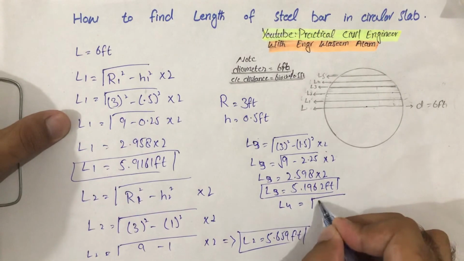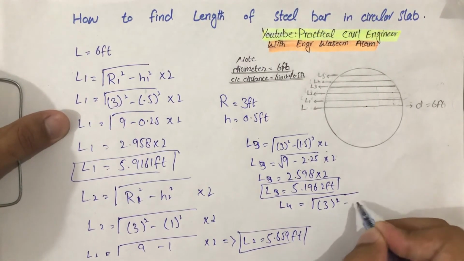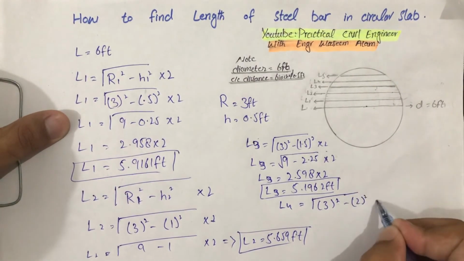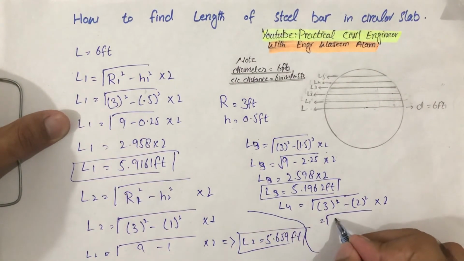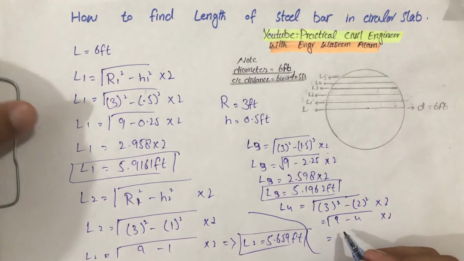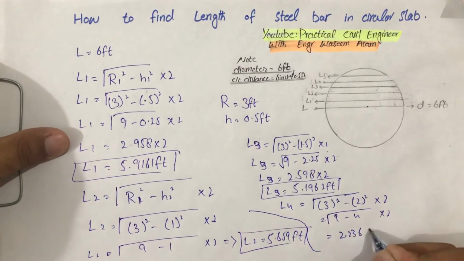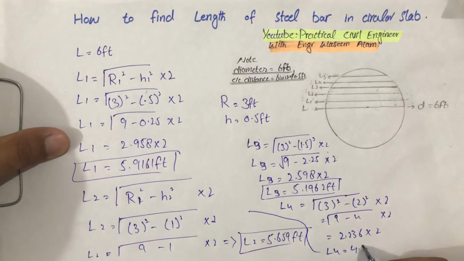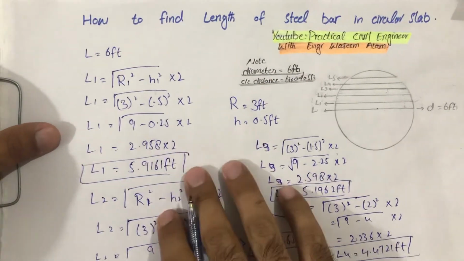So for L4, as we know, 3 square minus 0.5, 0.5, 0.5, 0.5, which is 2 square, multiply by 2, under the root 9 minus 4, multiply by 2, which is under the root, and 2.236 multiply by 2. So L4 is equal to 4.4721 foot. This is for L4.